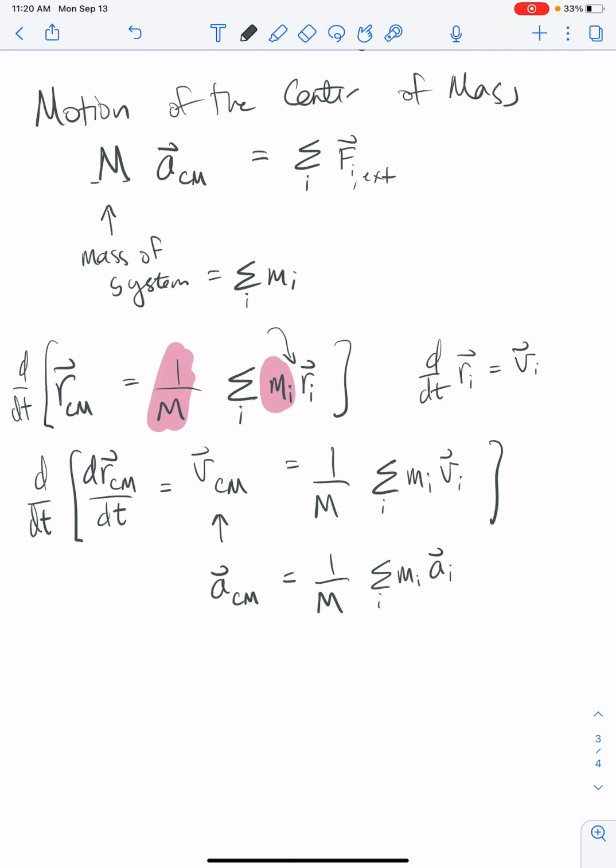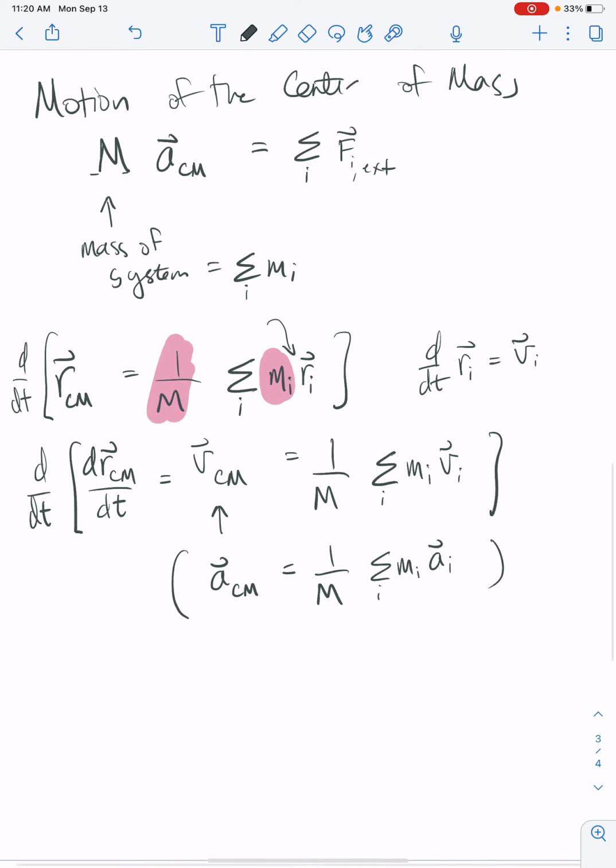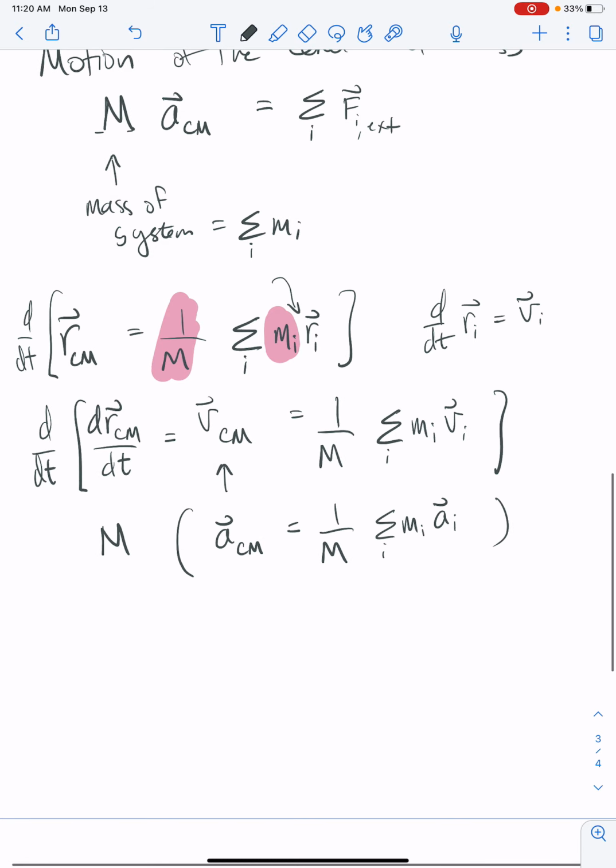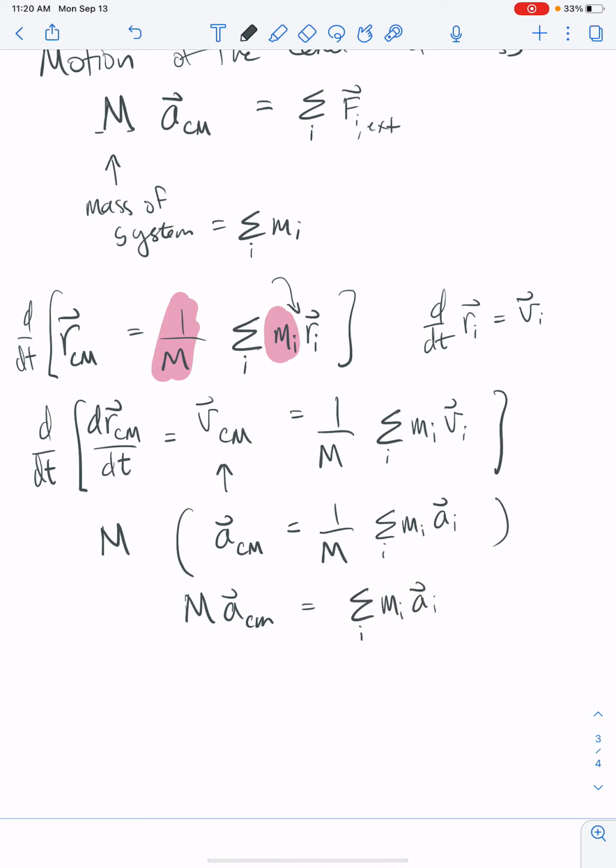Now we're going to multiply everything by the total mass. Okay, so on the left here we've got M a_CM, and then on the right we've got the sum of m_i a_i.